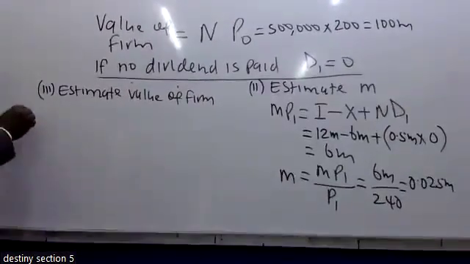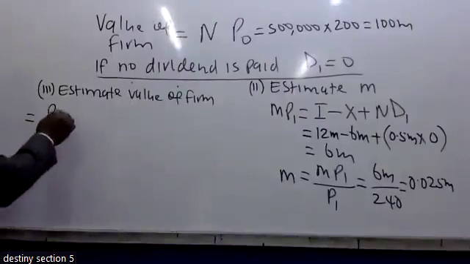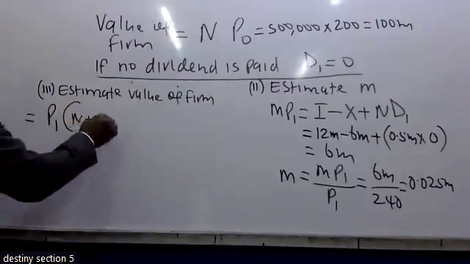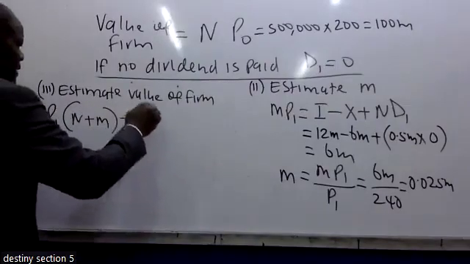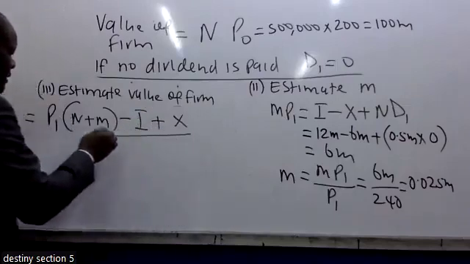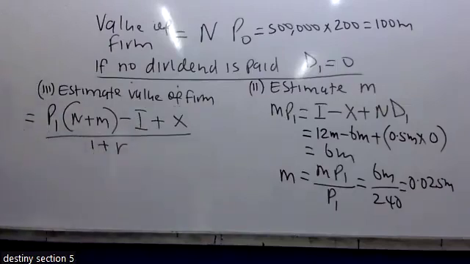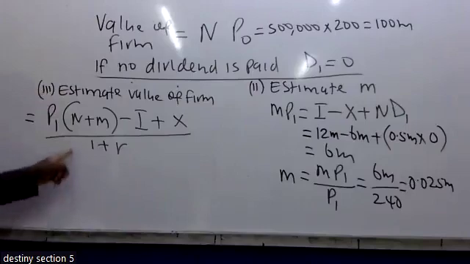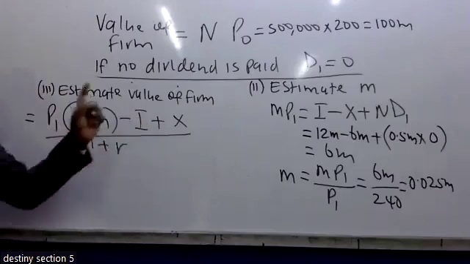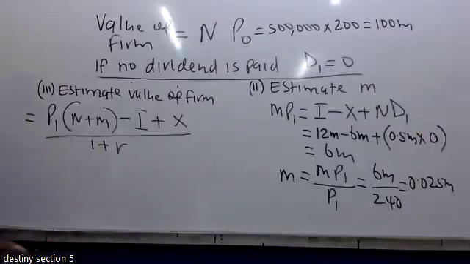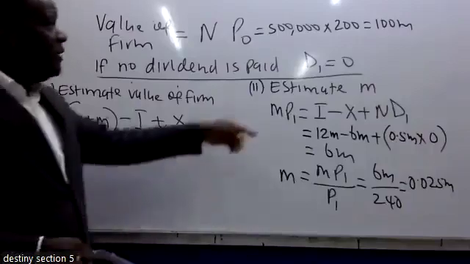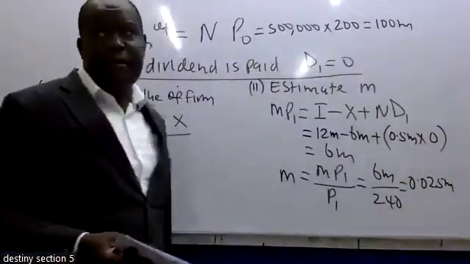The value of the firm is going to be given by P1 in the brackets of N plus M minus I, plus X, divided by 1 plus R. So we want to see whether we shall get this same figure of 100 million.